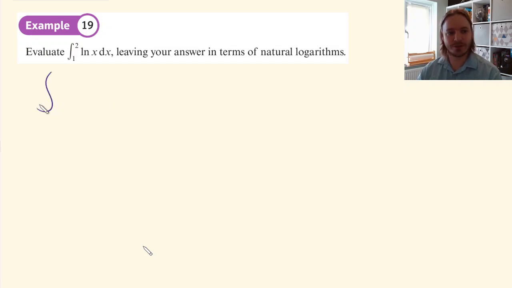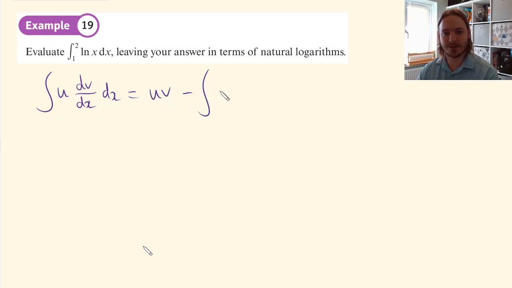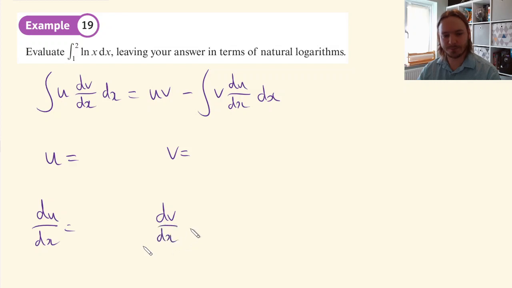So as we've started every other example, I just want to remind ourselves of the rule. So the integral of u dv by dx is equal to uv minus the integral of v du by dx. This is our rule, and we need to set up what is u, v, du by dx and dv by dx.